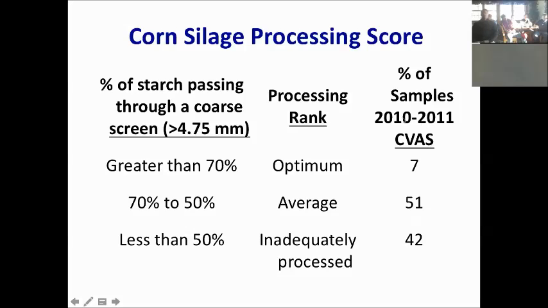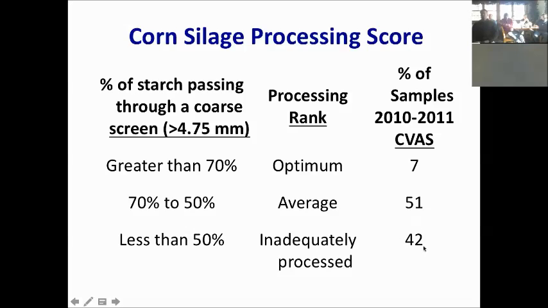This is some older data, and there's been lots of newer updates on what the industry looks like right now. But you can see that in this older database, only 7% of the CVAS samples were optimum, only 51 were average, and 42 were inadequately processed.